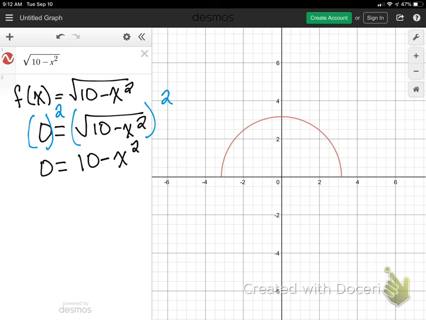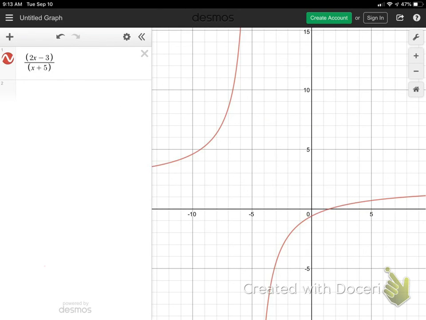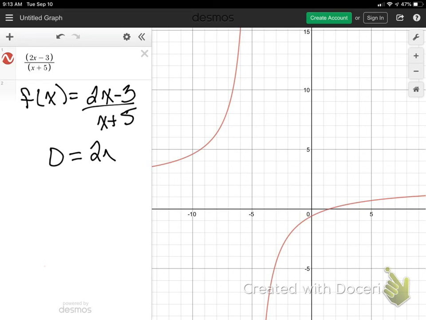Now, the next one, it's f of x equals 2x minus 3 over x plus 5. So I've got 0 equals 2x minus 3 over x plus 5.